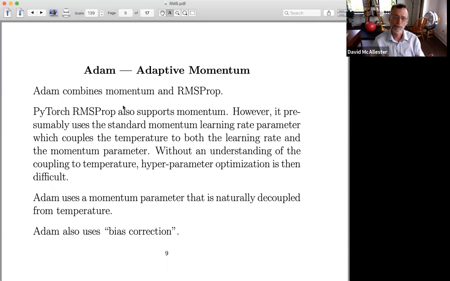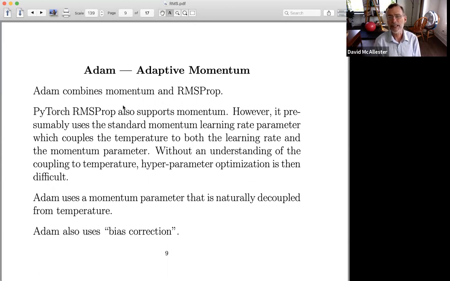You have to adjust the momentum with the learning rate to get a constant temperature, to maintain your temperature schedule. So RMSProp may be suffering in terms of its popularity and usage by this inadvertent coupling between two of its parameters, which makes the hyperparameter tuning problematic, right? When you change one, you have to change the other.